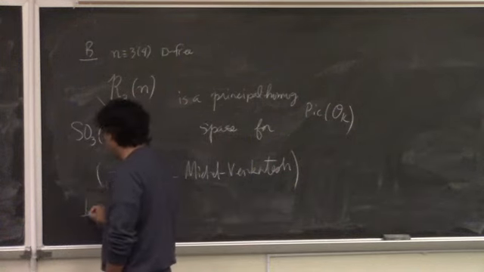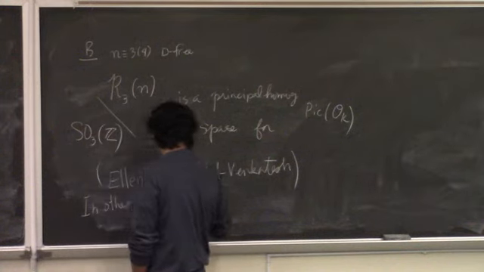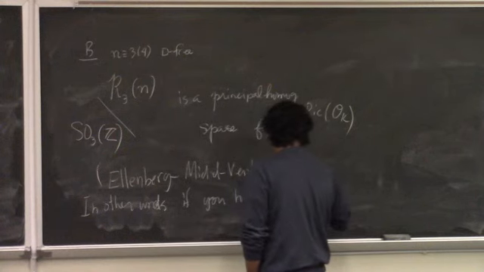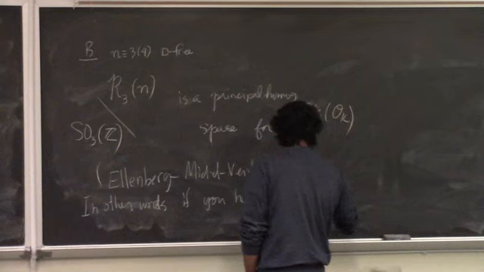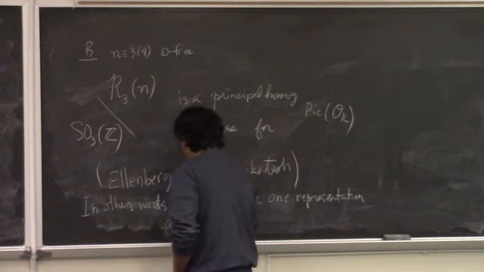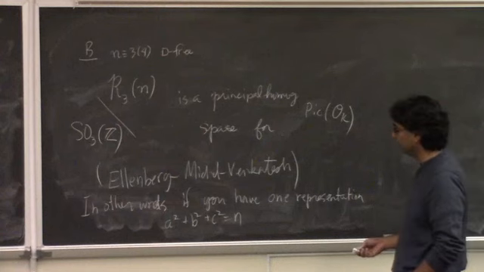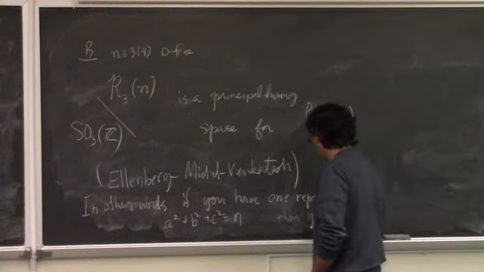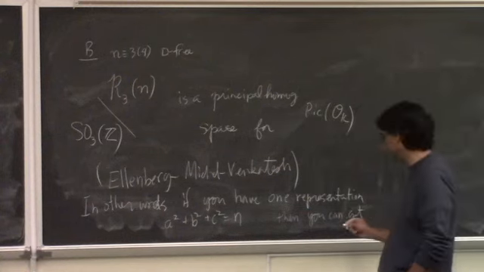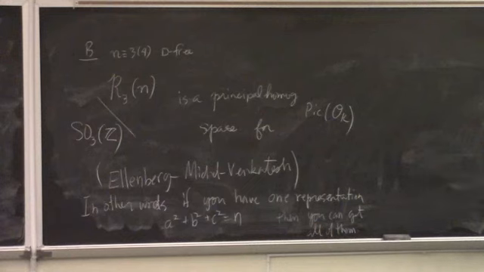In other words, if you have one representation, a squared plus b squared plus c squared is equal to n, if you have one representation of n as a sum of three squares, then you can get a lot more. In fact, you can get all of them, by letting the class group act.